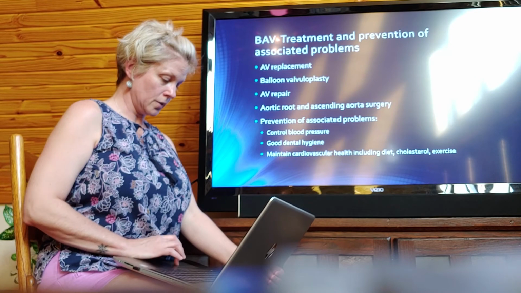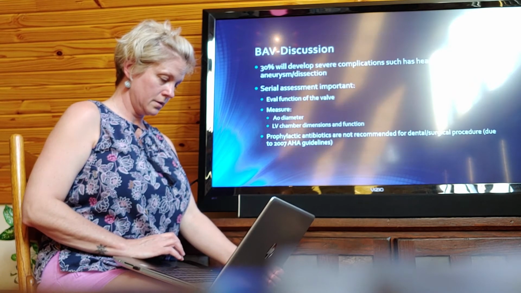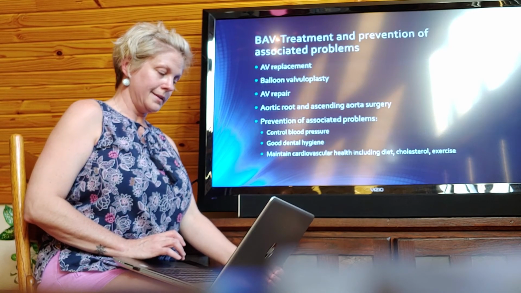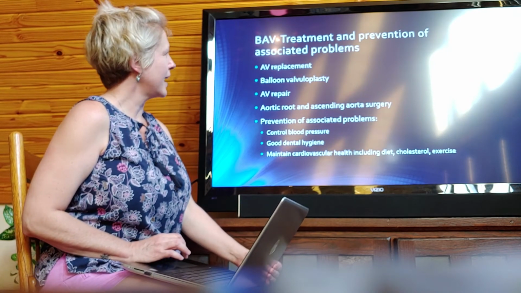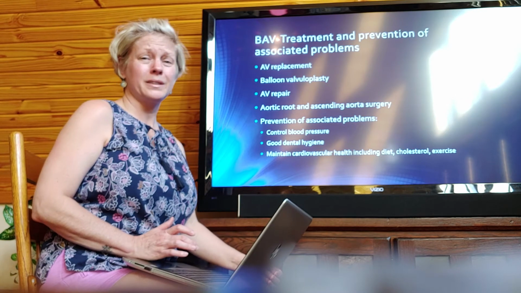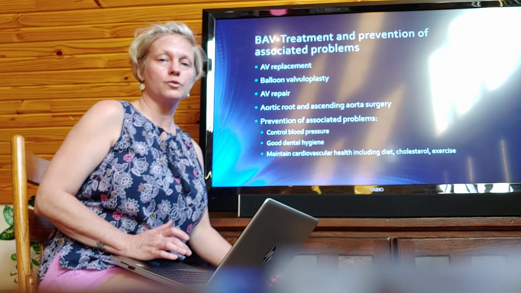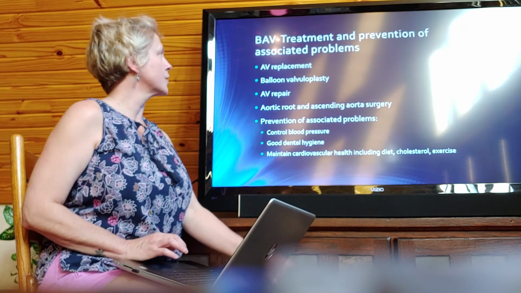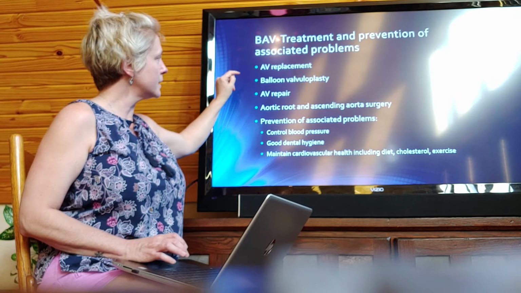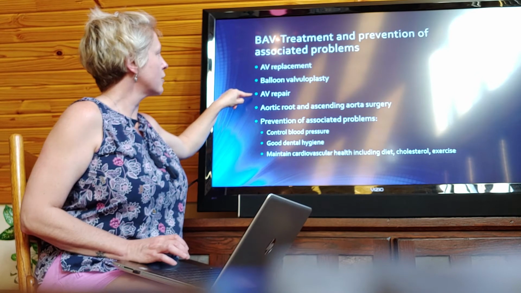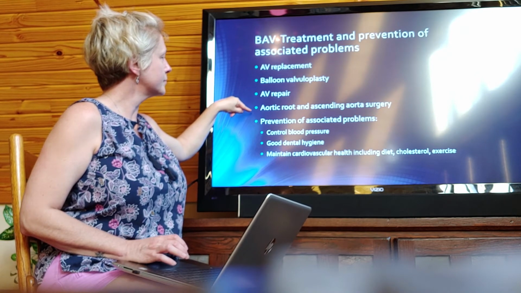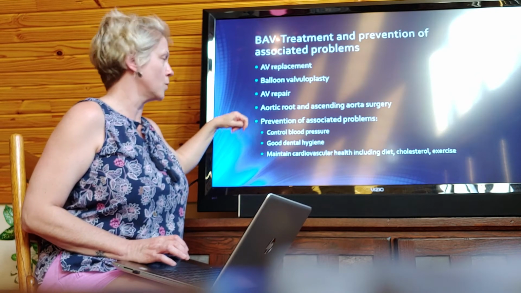Treatment. So let me make sure I didn't skip one. Yeah, no, I didn't. Treatment depends on how bad it gets. I read somewhere, and I thought I had it in here, that like 80% of the people with it will end up having to have some sort of surgical intervention. Some of those could include aortic valve replacement, balloon valvuloplasty, aortic valve repair, or surgery on the aortic root or ascending aorta.